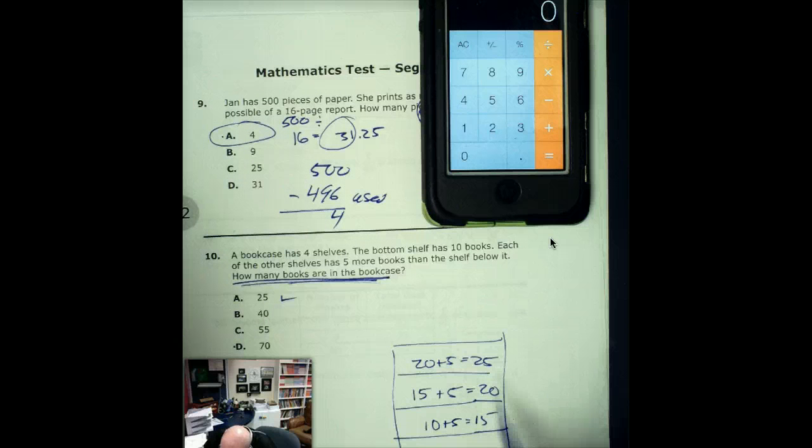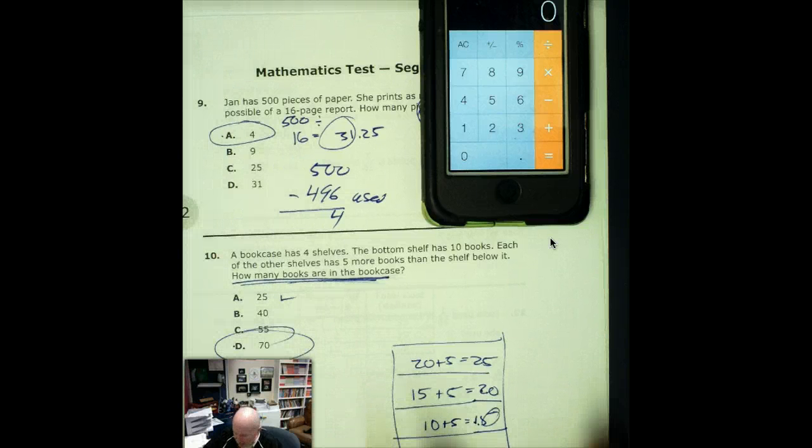So you've got 10 plus 15 plus 20 plus 25. If you pop all of those in, 20 plus 25 would be 45. These 5 would make 50. Here's 60, and a total of 70. You could do it in the calculator, but there's your correct answer, 70.